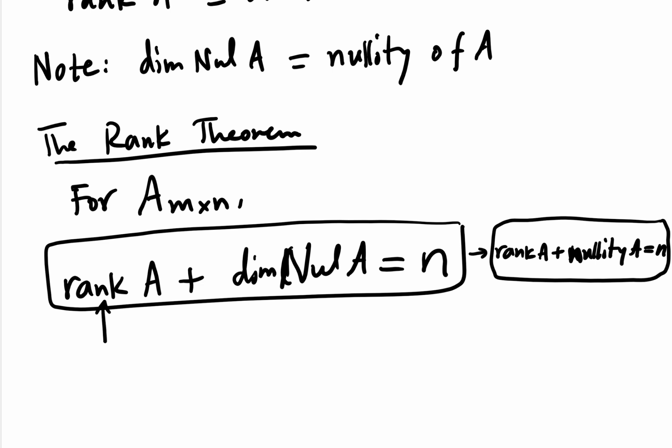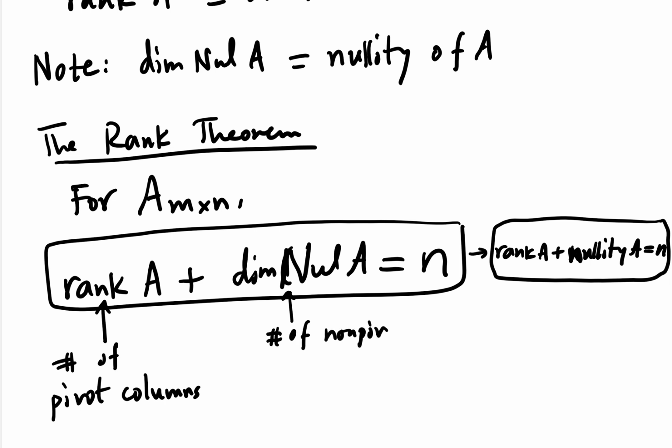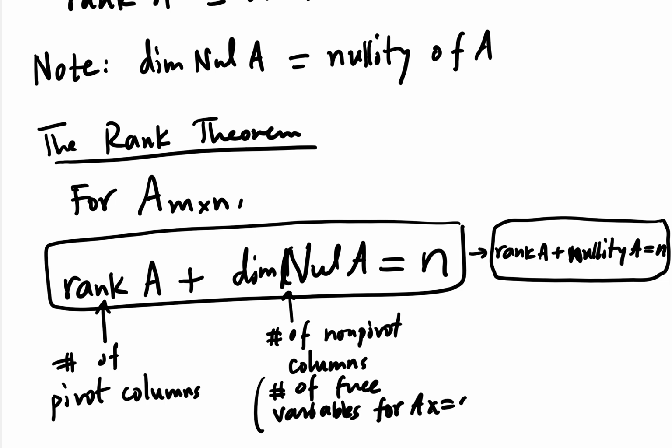Recall, rank of A is the number of pivot columns of A. The nullity of A is the number of non-pivot columns of A, in other words, the number of free variables for which AX equals 0, and n is the number of columns, because it's m by n, m rows and n columns.